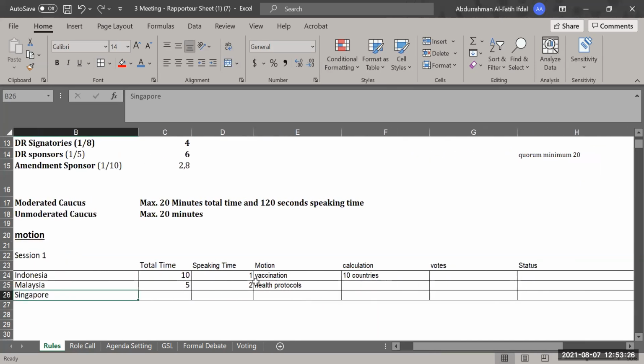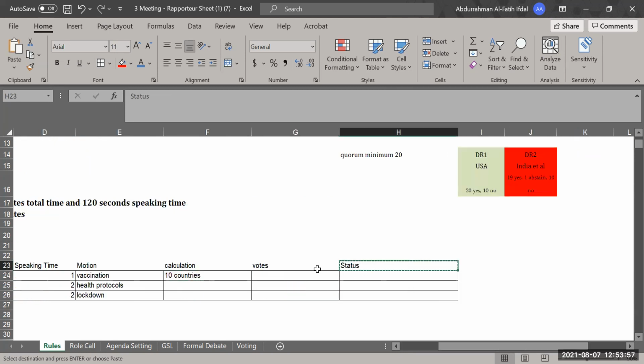And then Singapore, for example, proposes to talk about lockdown. Singapore proposes 15 minutes with speaking time, let's say, 2 minutes, right? So Indonesia proposes 10 minutes total, 1 minute per country, which means that there will be 10 countries, right?